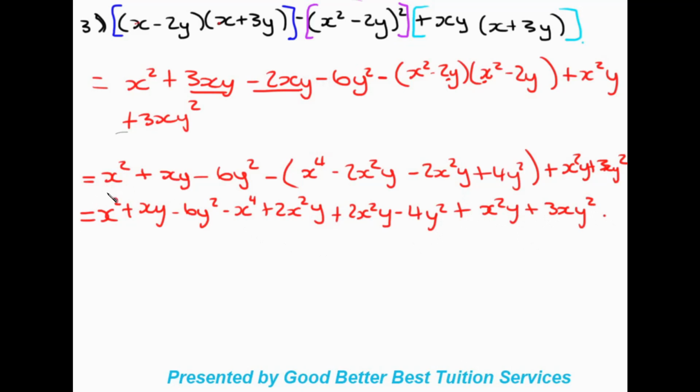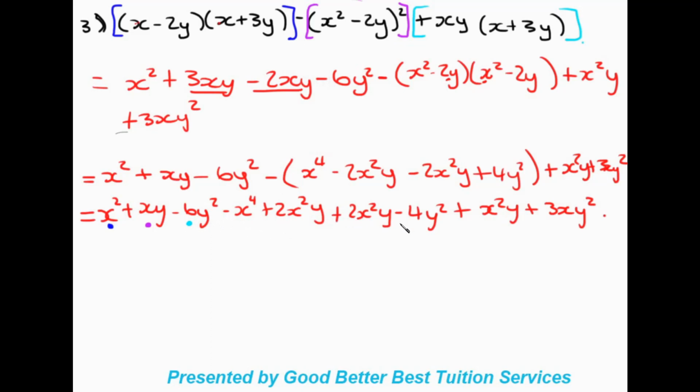So from this point what we'll do is look for any like terms. So looking at x squared, do we have any other x squareds standing alone? No, we do not. Then we'll look for any xy's. Do we have any other standalone xy's? No, we do not. All of them have a power. Then we'll look for y squareds now to find for the negative 6y squared.